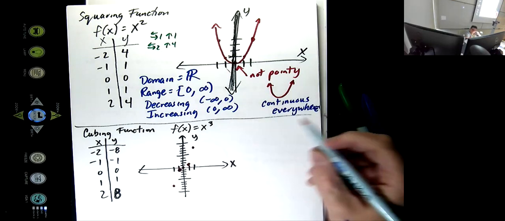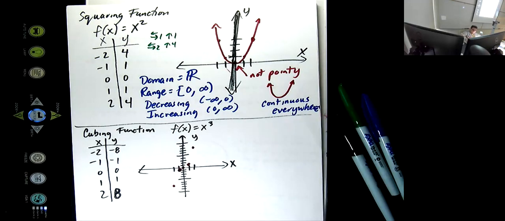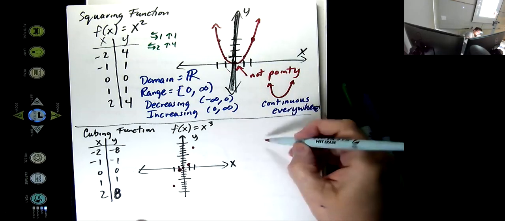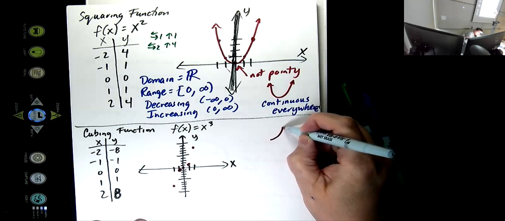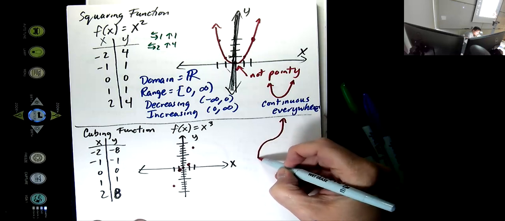And we do something similar over on the right. It looks like a parabola, but it's a steeper parabola on the right, and then it's like an upside down parabola on the left.